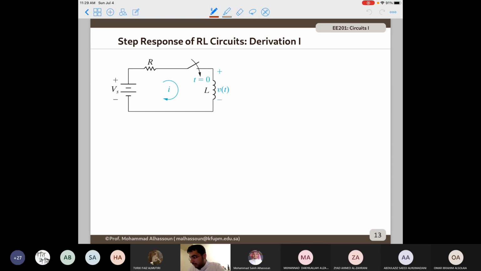Initially we have the following circuit. We have a resistor in series with an inductor and in series with a voltage source. What we want to do is study what happens when the switch is closed.